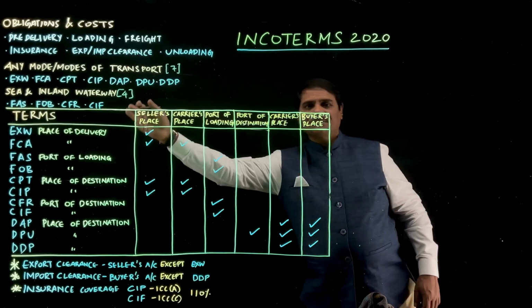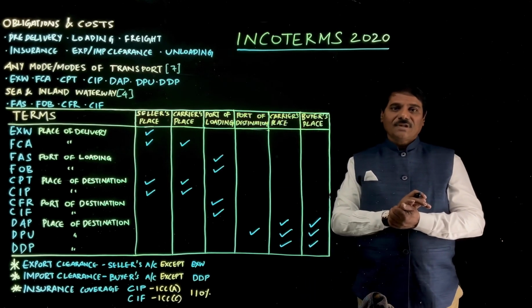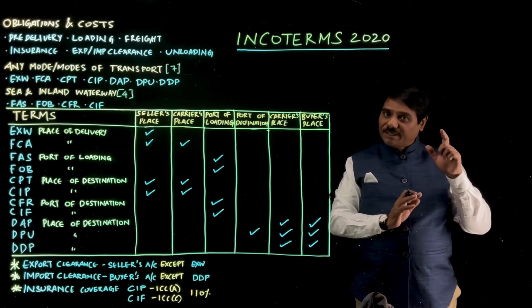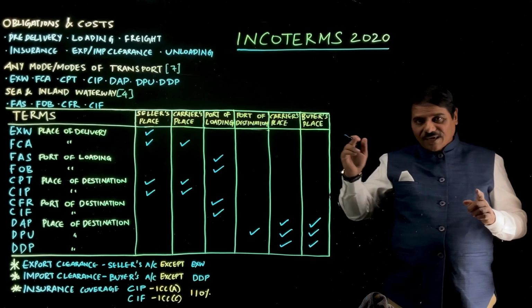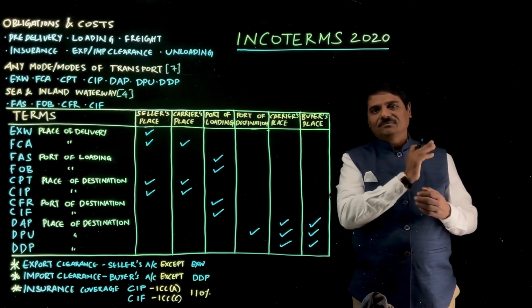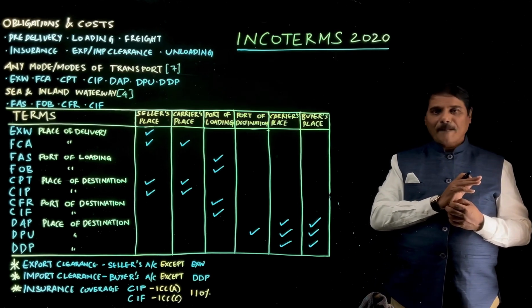Like all other terms, it is the buyer's duty to clear the goods for importation, though seller is arranging the transportation up to that place agreed in the buyer's country.